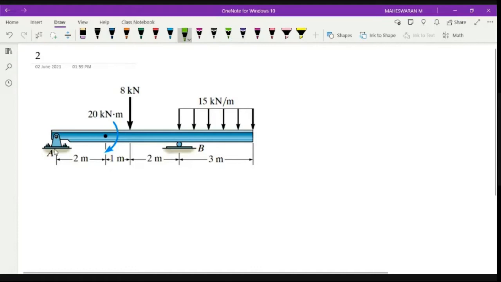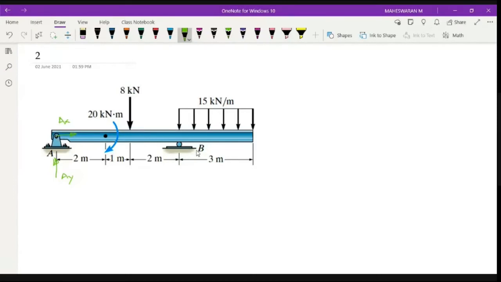At A, what type of support? It's a hinge support, right? When you have a hinge support, we know that there will be two reactions, right? One is AX, another one is AY. You'll have two reactions at this point, okay?